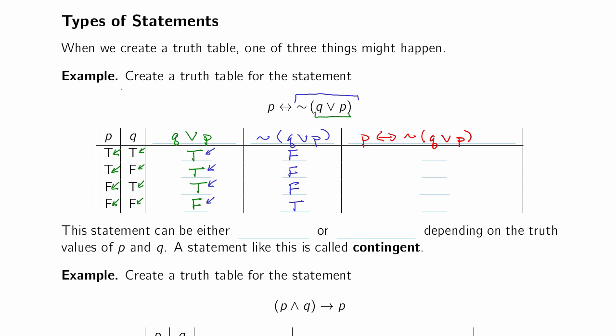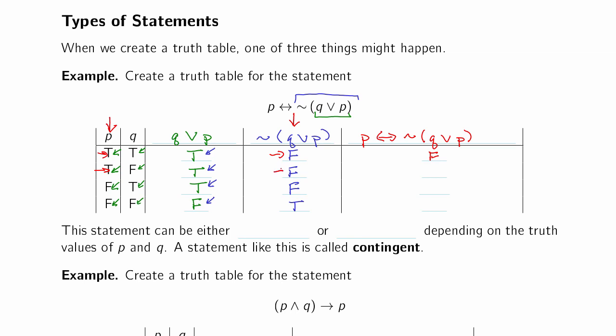We want to do if and only if to the P column and to the not Q or P column. If and only if is true when they have the same truth value. It's false when they're different. So true if and only if false, that's false.